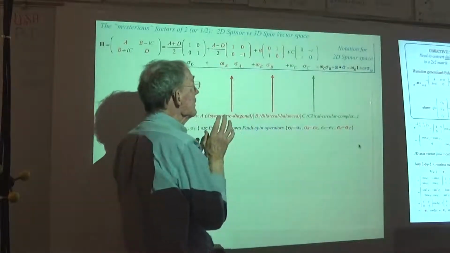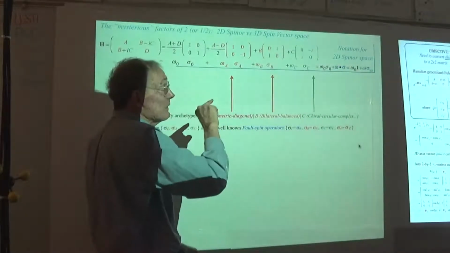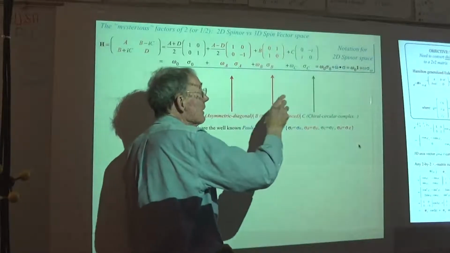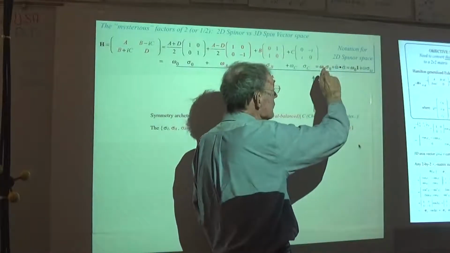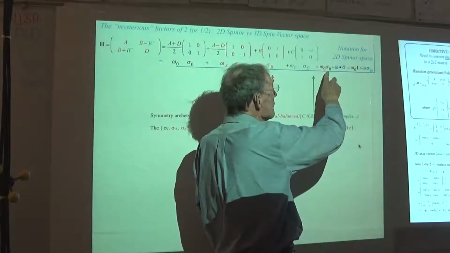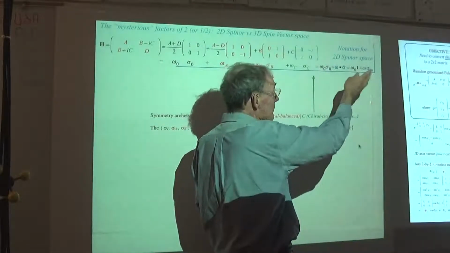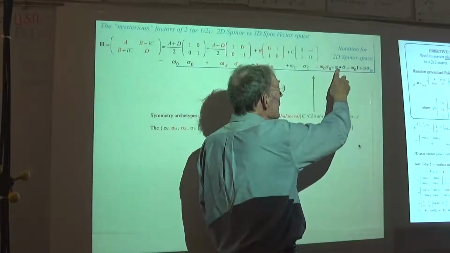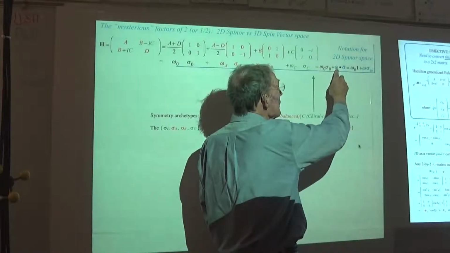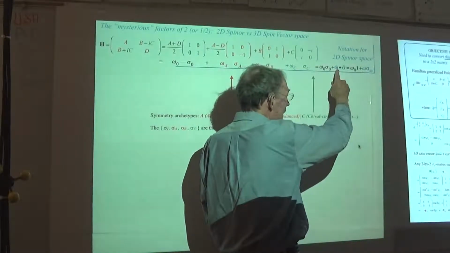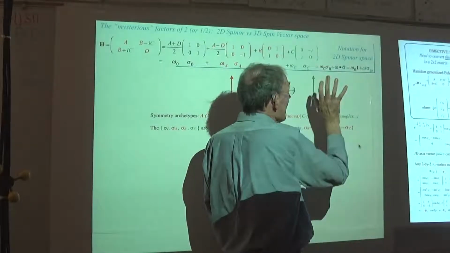H is going to be designated when we're talking about the spinors in the two space, the spin up, spin down space. I'm going to use lowercase letters for the omega here, the angular velocity.